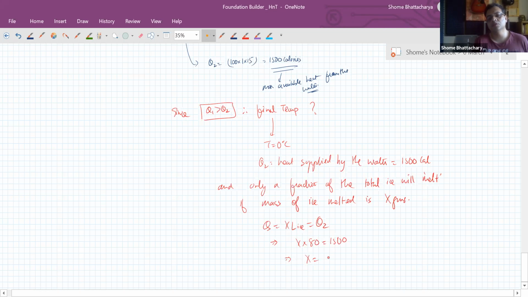So x will be equal to 150 by 8, so that is 75 by 4, or 18.75. Okay, so only x equal to 18.75 grams of ice will melt.